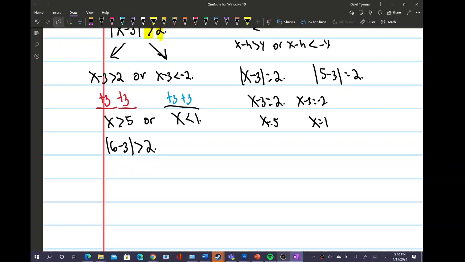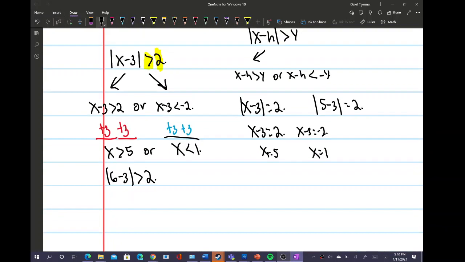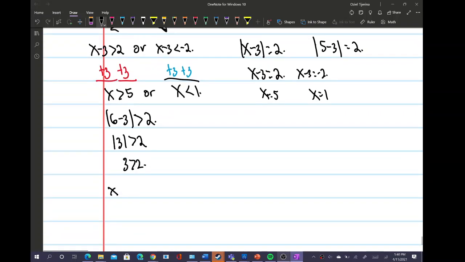So you're going to say the absolute value of 3 is greater than 2, so that means 3 is greater than 2. So x is greater than 5 is a solution.